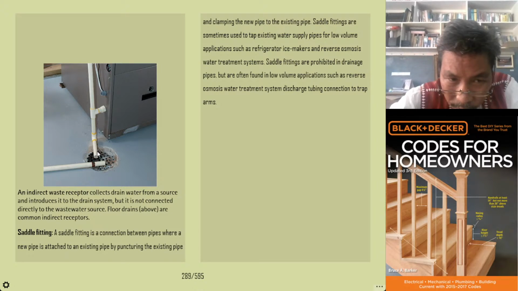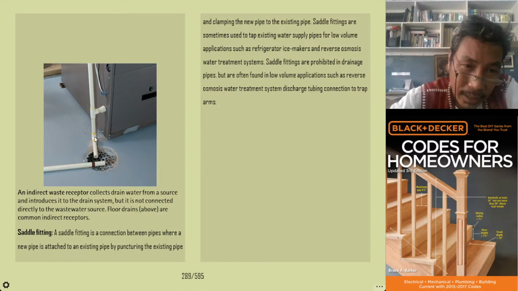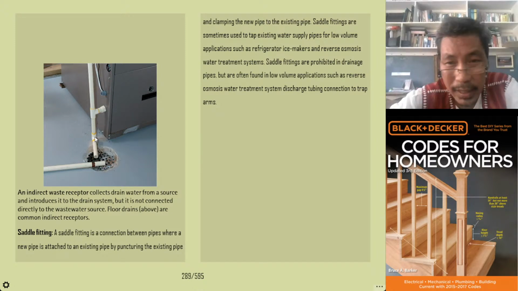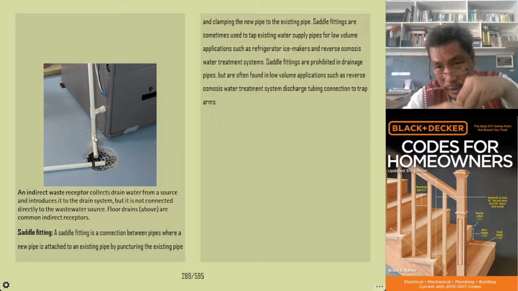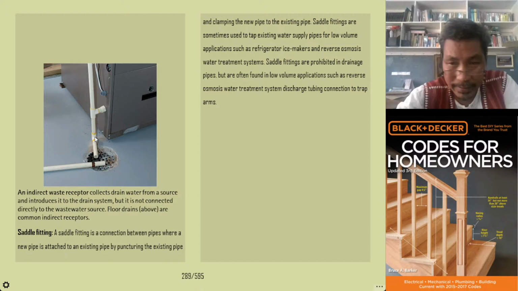However, the waste receptor and the pipe are not in physical contact. That's why we call it indirect. If there is a physical connection, that is what we call direct. So indirect if there is no physical connection between this pipe and this waste receptor.